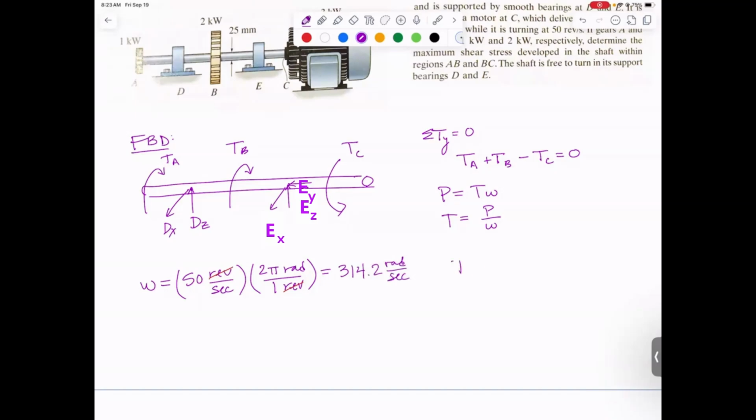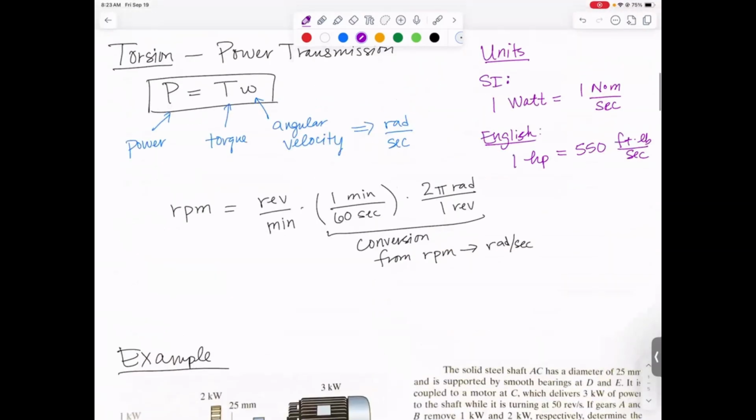Let's do the torque at C. That is going to be our power at C, 3 kilowatts, divided by that angular velocity, 314.2 radians per second. A kilowatt is a kilonewton meter per second, because a regular watt was a newton meter per second, so times 1,000, a kilowatt would be a kilonewton meter per second.